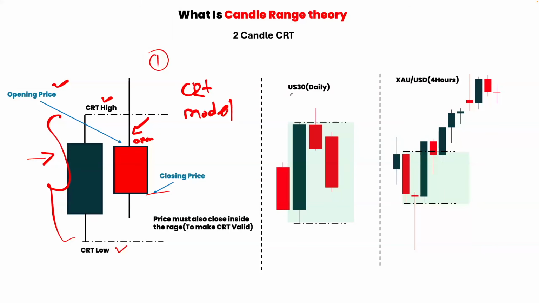This is the USD 30 on the daily time frame. I believe this was taken from this weekly chart. I believe you can see that we have this range here. We have the low of the CRT, and then we have the high of the CRT. But if you look closely here, we spiked above but still closed inside this range.